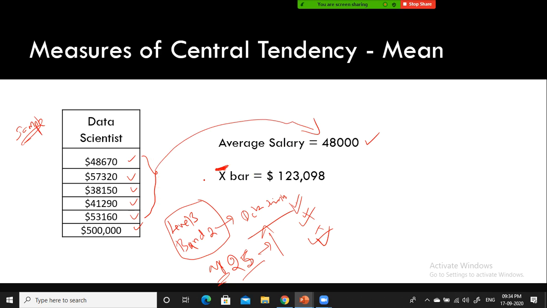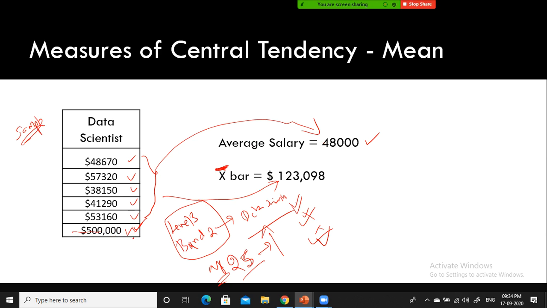5 employees' salary. Then there is one more, with 500,000. When you include this also, and if you take an average, you get 123k. Without including this, the average is 48,000.